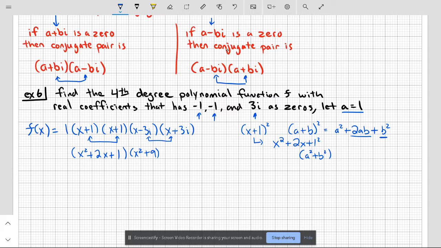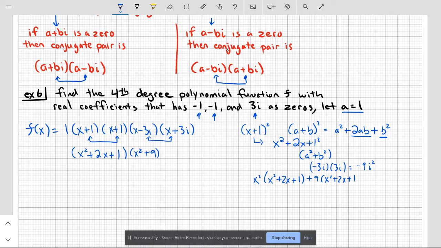So remember, negative 3i times 3i is equal to negative 9i squared, and i squared is a negative, so that's why that one becomes a positive. So here we could go ahead and distribute. So a good way to do this, just x squared times our first factor, which is x squared plus 2x plus 1, and then we get the 9, so plus 9 times x squared plus 2x plus 1.